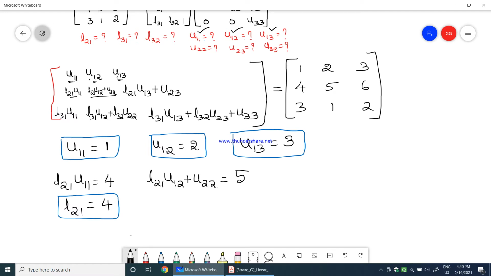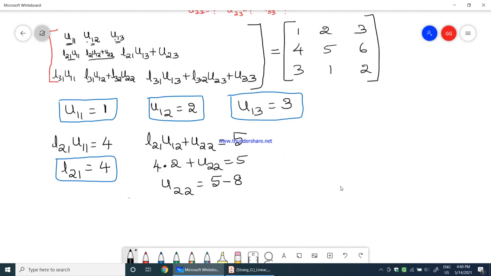We already know U12 and L21, so we substitute: 4 multiplied by 2 plus U22 equals 5. Therefore U22 equals 5 minus 8, so U22 is equal to minus 3.